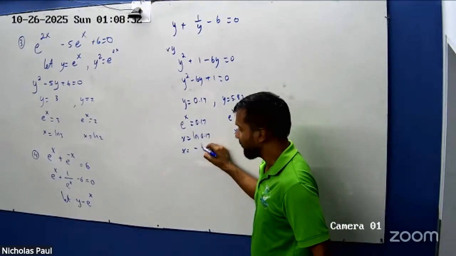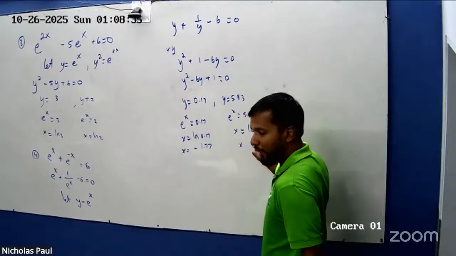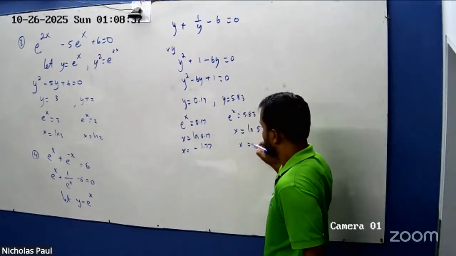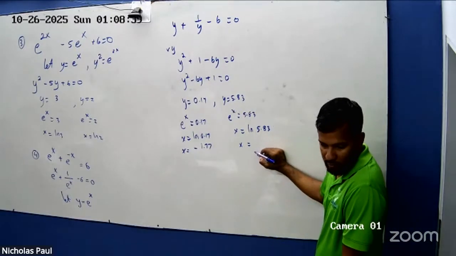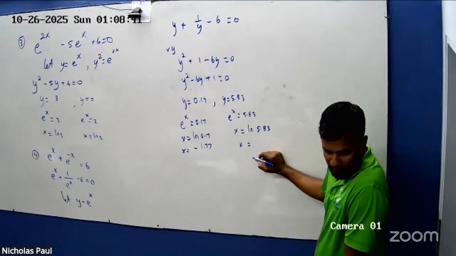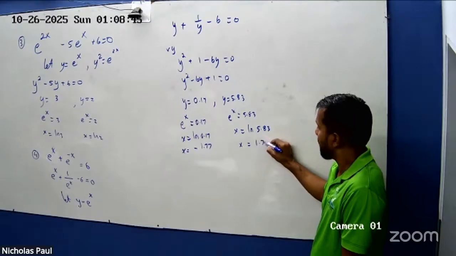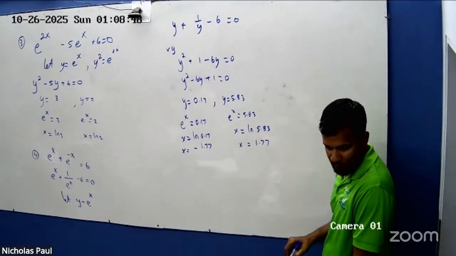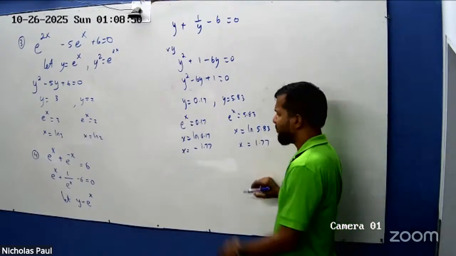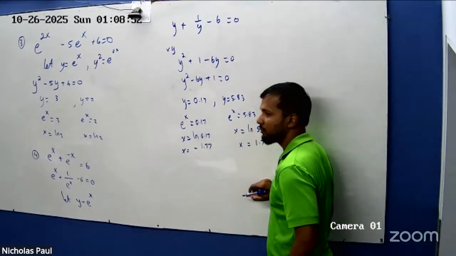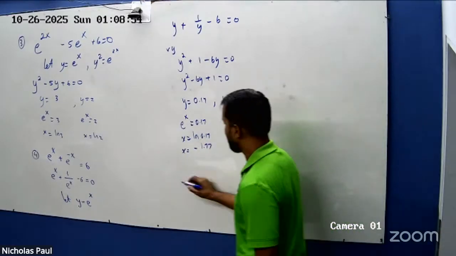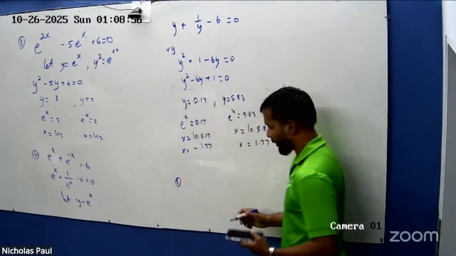It's negative 1.7. And most times it's okay to leave your answer in ln. Let's go again.